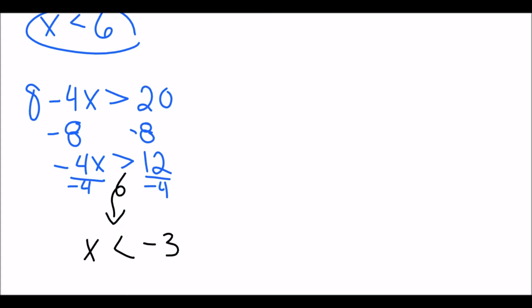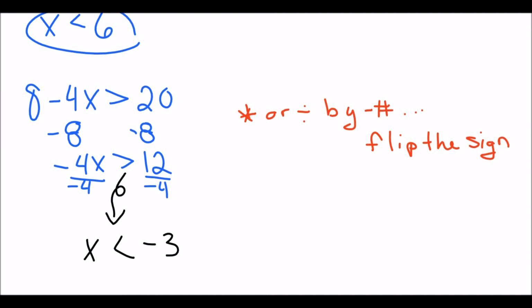So let me write that rule out for you. So when you multiply or divide by a negative number, flip the sign. And that's something to definitely write down in your notes because it doesn't go away, it just happens over and over again, and you really want to have that memorized.